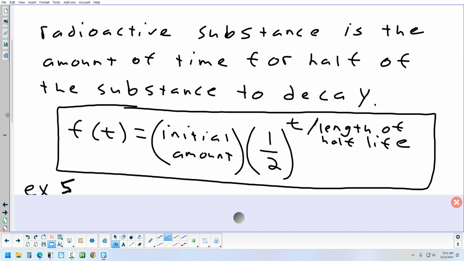The other thing with a percent is you have to figure out if it's 1 plus r or 1 minus r. But you should be able to tell that from reading the word problem. If it says the population is increasing, use growth. Decreasing, use decay.